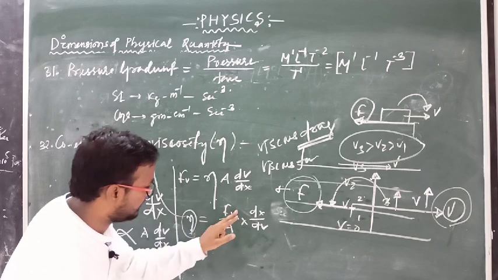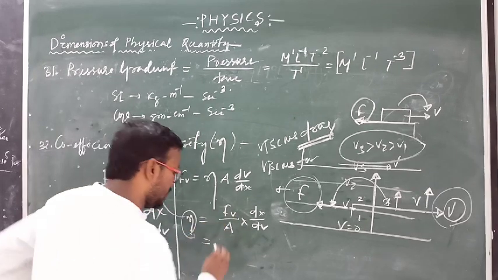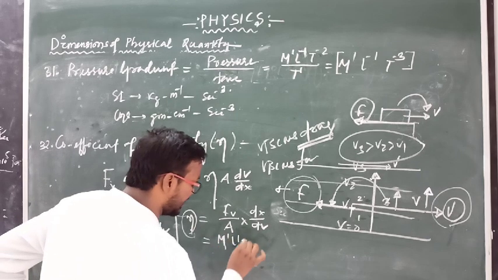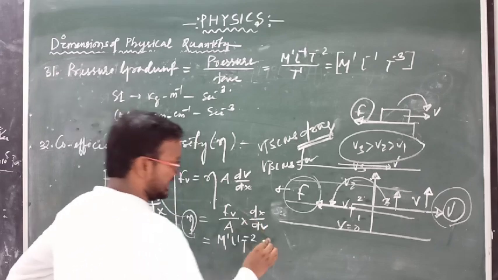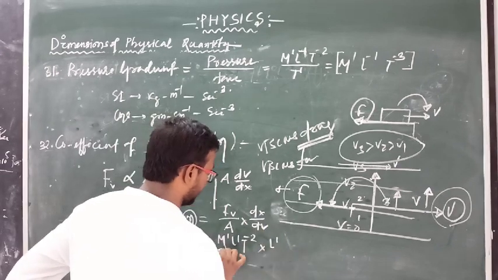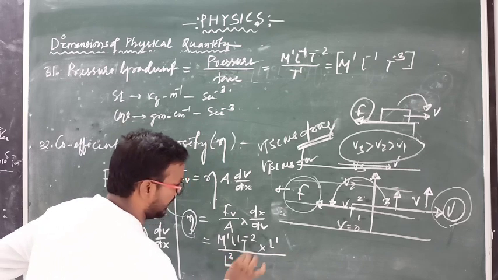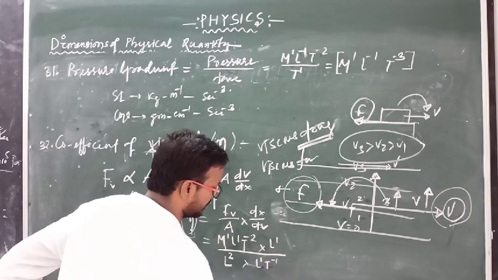So coefficient of viscosity depends on these factors, and we can write the dimension. F means force, with dimensional formula M1 L1 T minus 2, into distance, which is L1, divided by area L2, and the velocity L1 T minus 1.